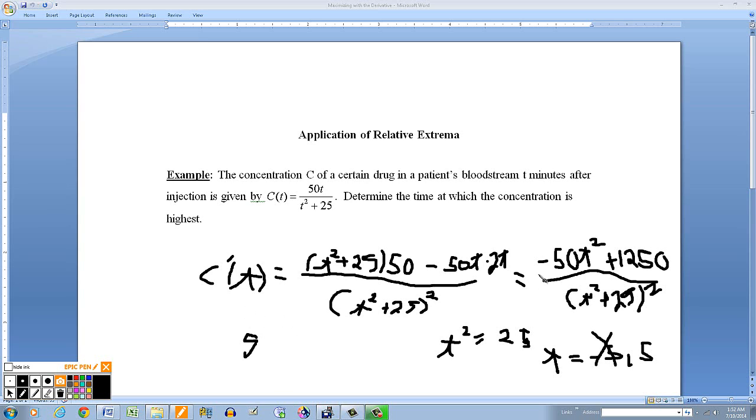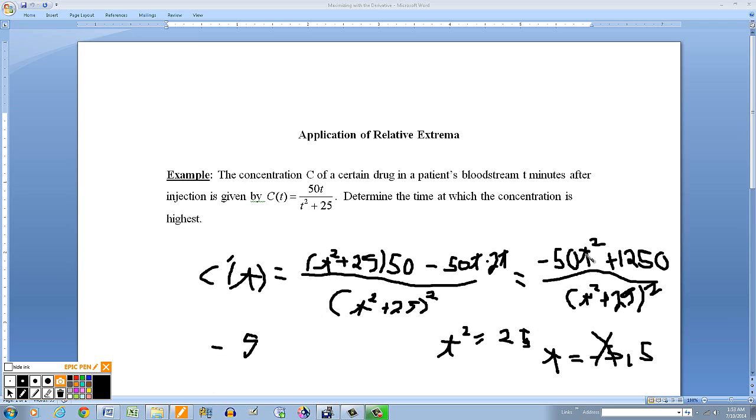Well, in this particular case, if I pick a number less than 5, say 4, and put it over here, and this minus 50t squared plus 1250, if you do the calculation, that's going to come out to a negative number. Now if I pick a number slightly larger than 5, I could go 5.1, but let's just pick a whole number, say 6.